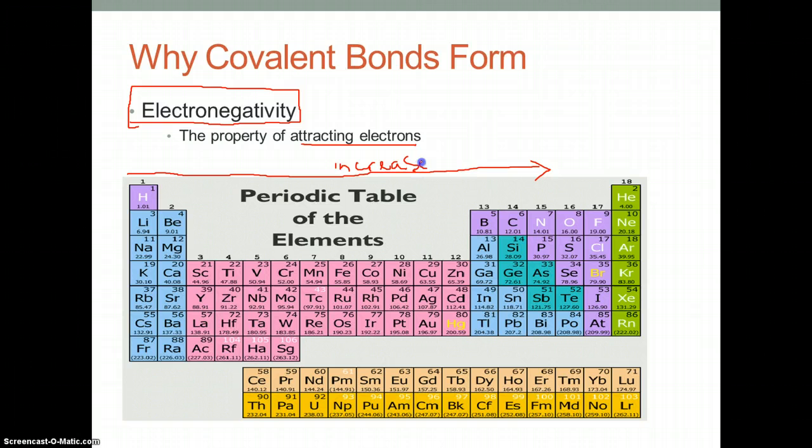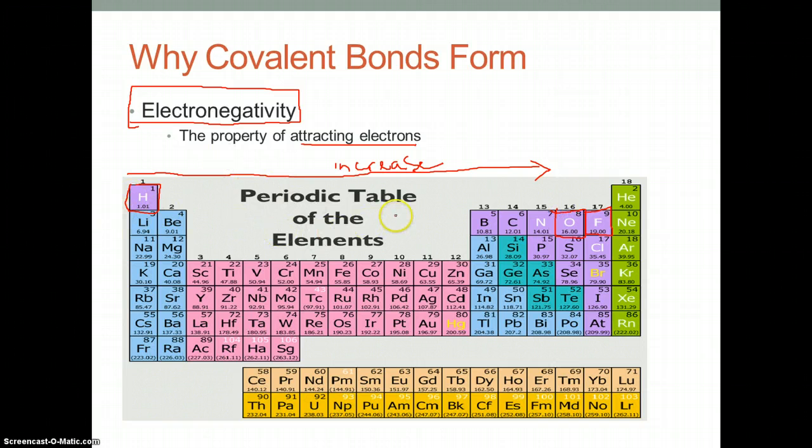This is because the more right we go, the closer the elements are to achieving stability. So fluorine has a really strong electronegativity compared to, let's say, hydrogen, or oxygen has a very strong electronegative force than hydrogen.